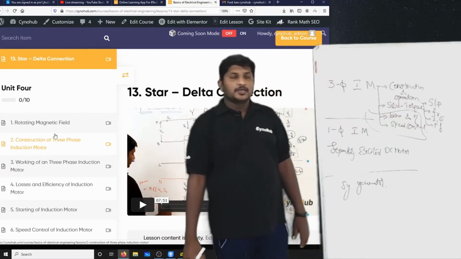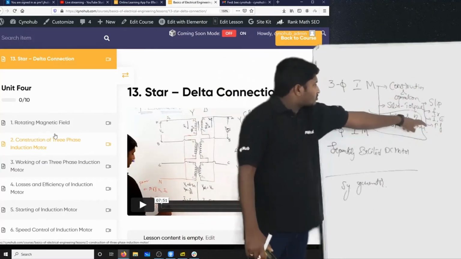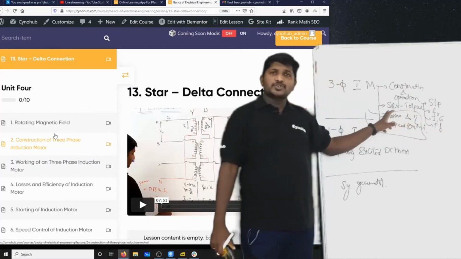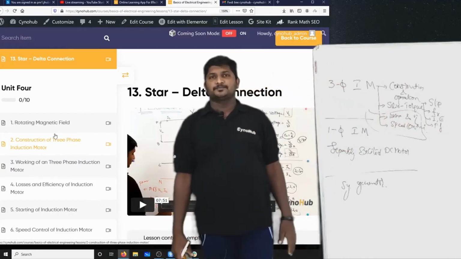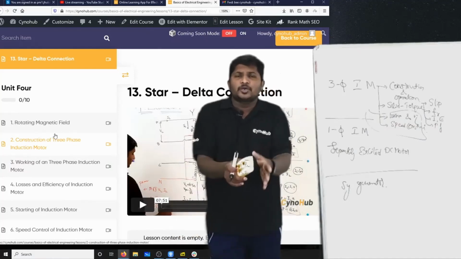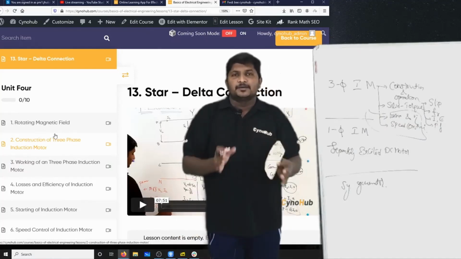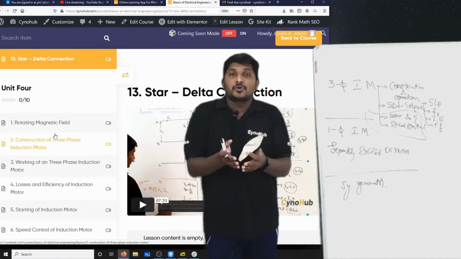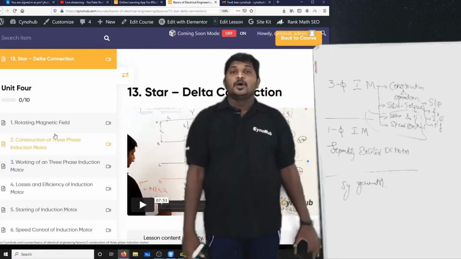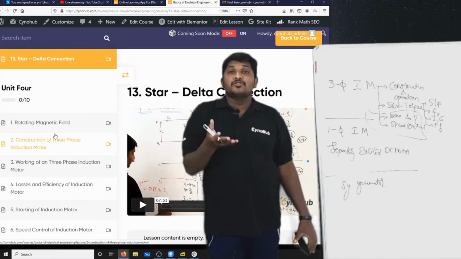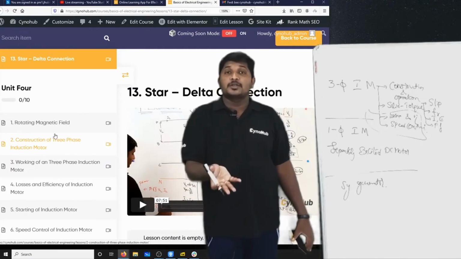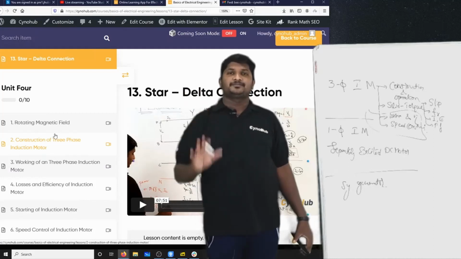Okay, so from this portion, you will get a theory question and also one numerical. The numerical is a very, very easy numerical. They will ask you to find out what is slip, what is actual speed, what is synchronous speed, or what is the frequency of rotor current, or what is the frequency of rotor induced EMF.